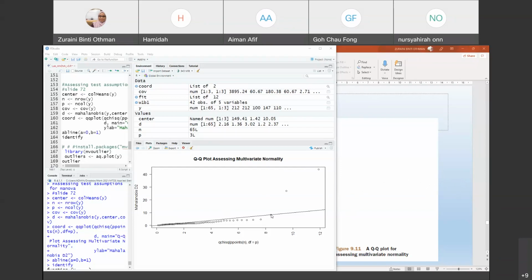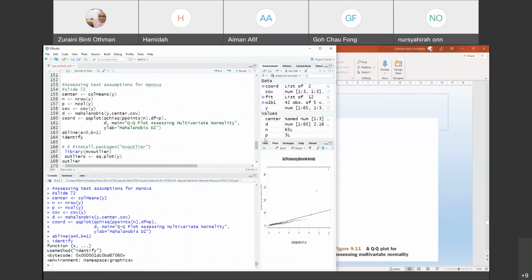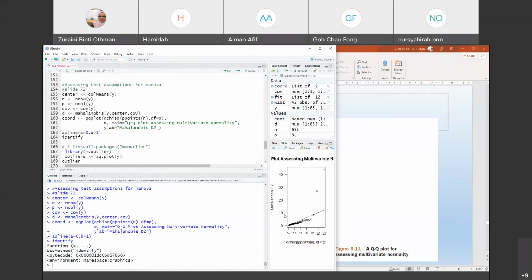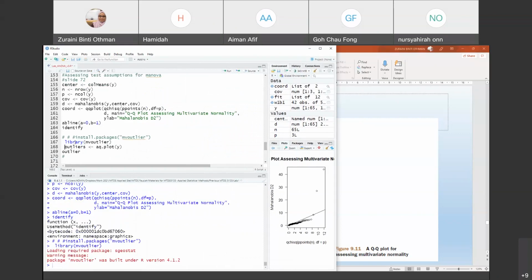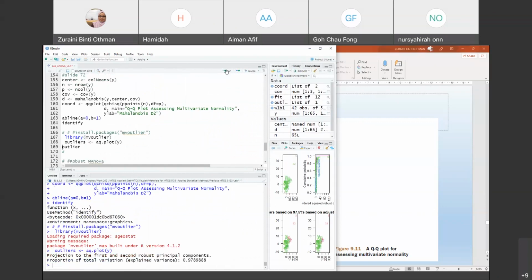But here we can see whether there is any multivariate outlier using a QQ plot. If we want to focus on the outliers, we have to use the library mvoutlier, then the aq.plot function.